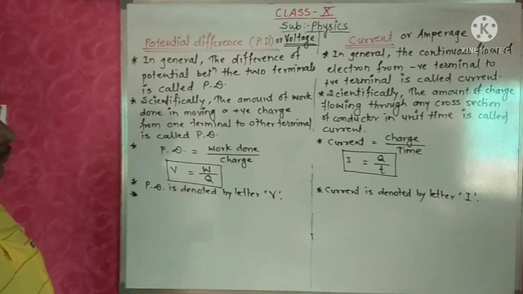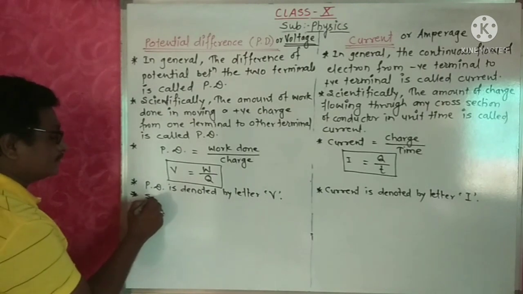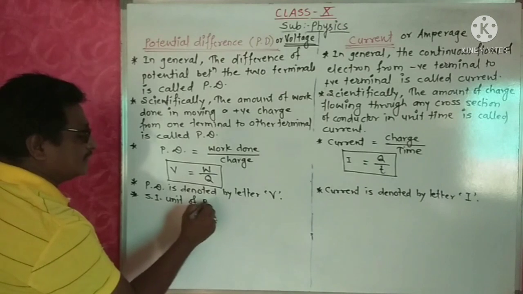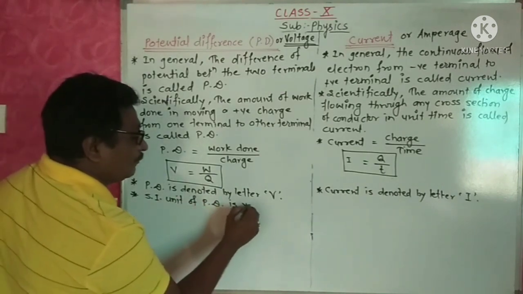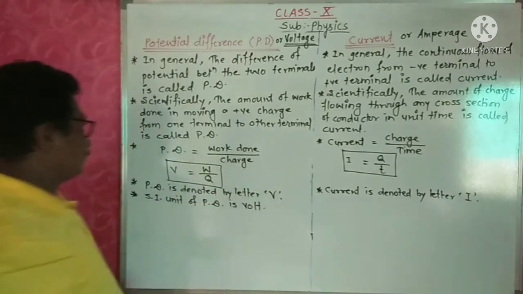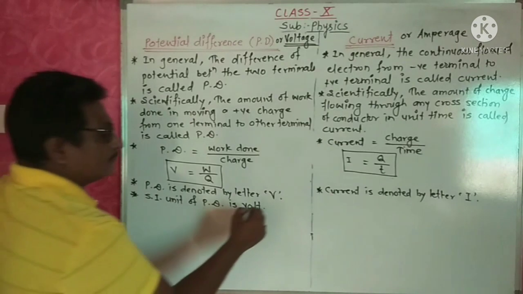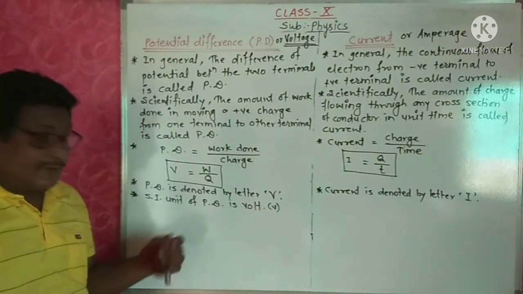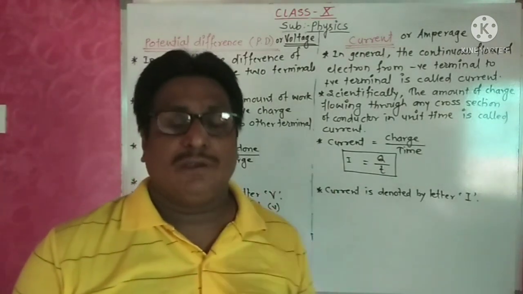Another point for potential difference, the SI unit of potential difference is volt. What is the SI unit of potential difference? Volt. Why is it volt? It was discovered by Alessandro Volta.